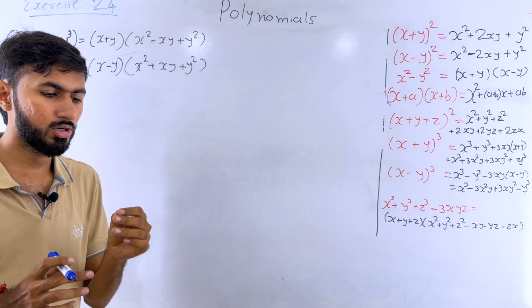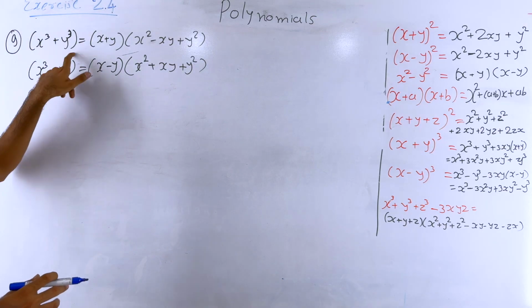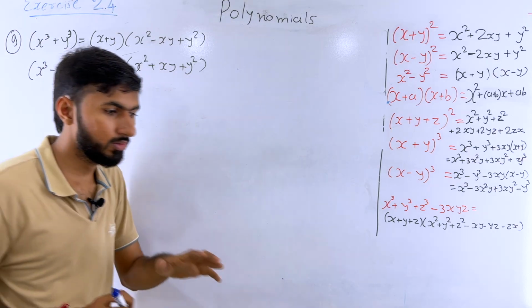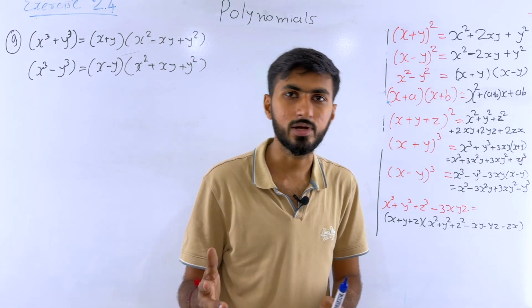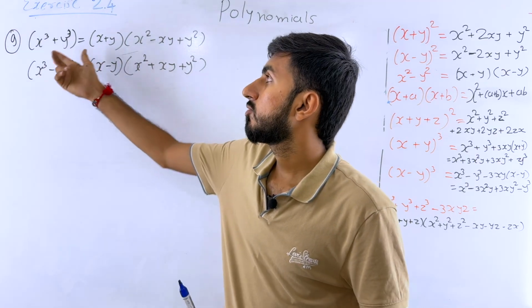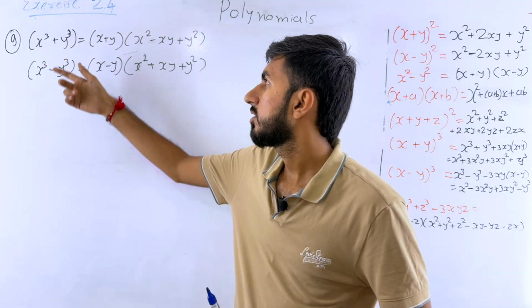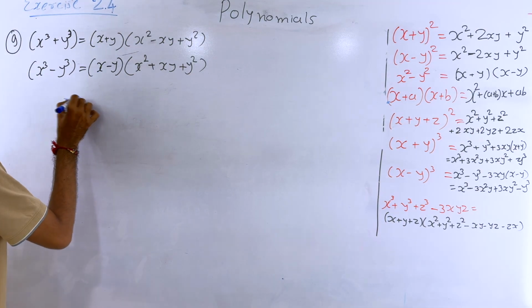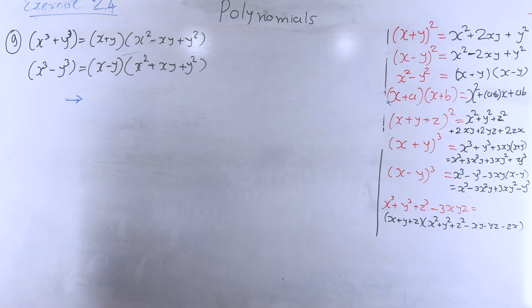If you are asked to prove that x cube plus y cube is equal to this, then you have to prove it, right? But if they ask you to verify it, you can verify it just by putting the values of x and y in the right hand side and left hand side also, right? But in this question we will do a complete proof.